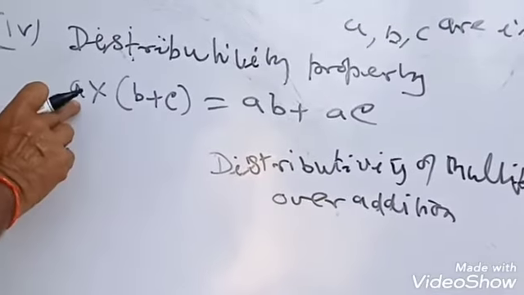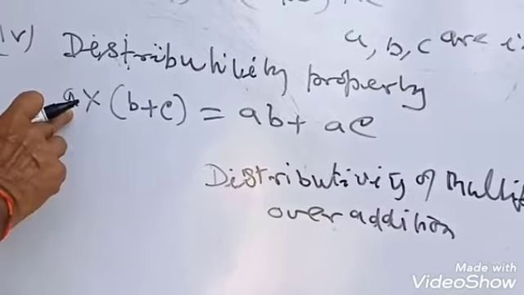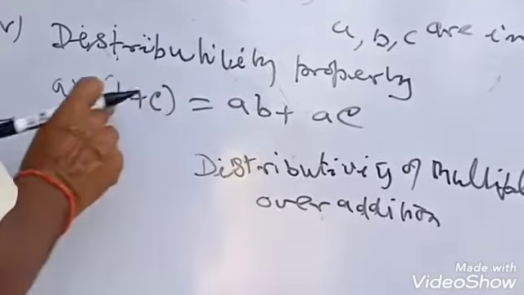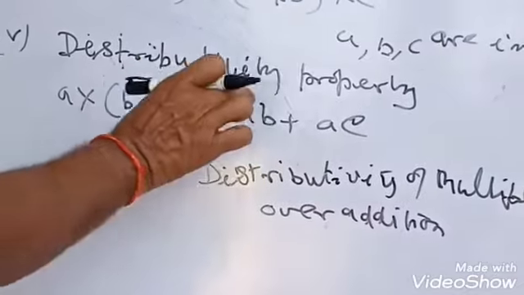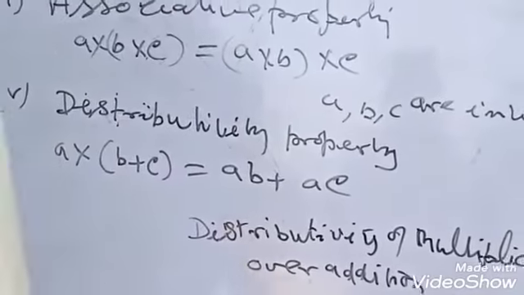If A is multiplied by B plus C, it will come A into B plus A into C. This is the distributive property. This is the most important property for this chapter.